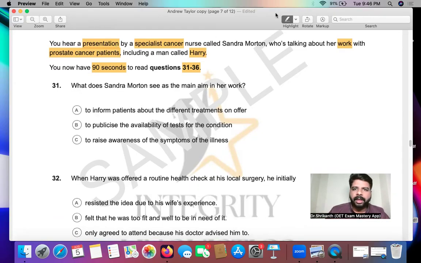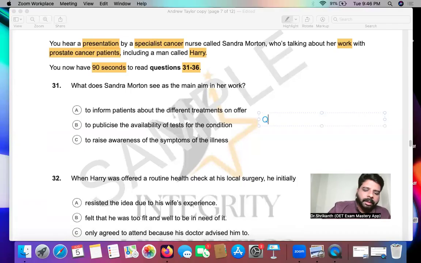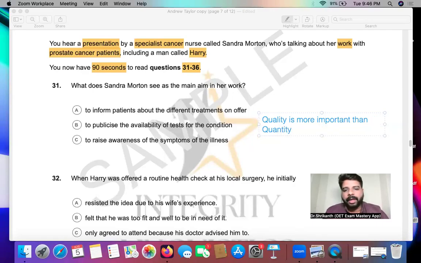Okay, so let me just write this over here. When it comes to OET, always remember that quality is more important than quantity, right? So you can read one piece of information 3, 4, 5 times, but if there is no quality in what you read, then the quantity does not matter.